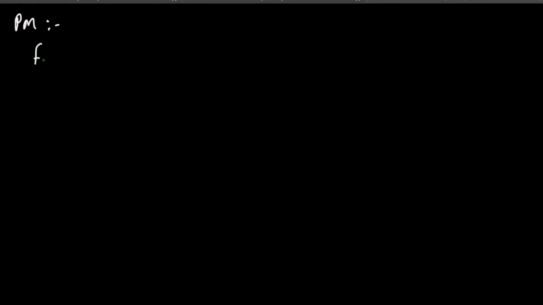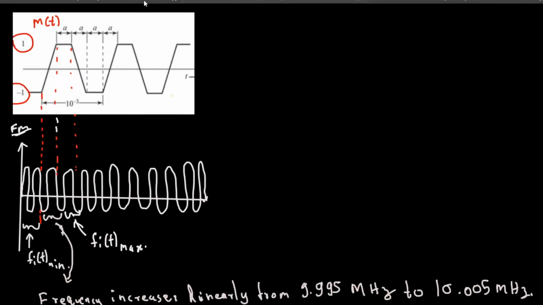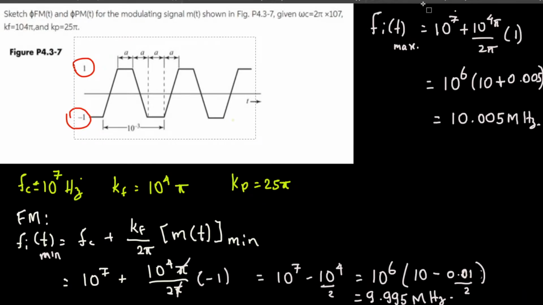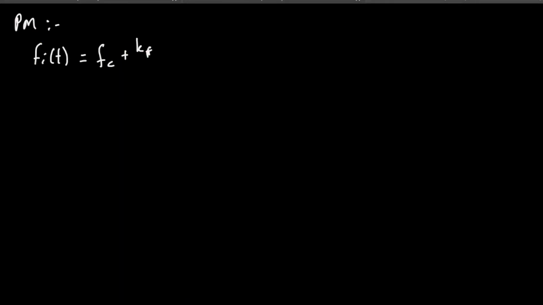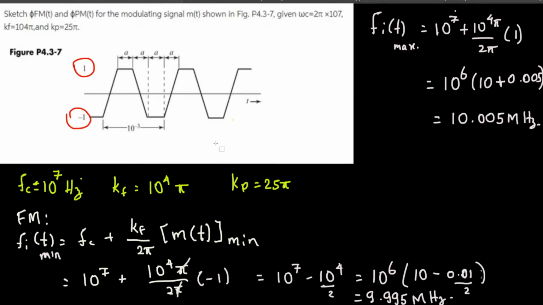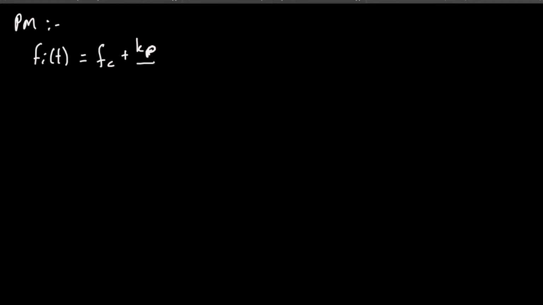If you look at the instantaneous frequency for the PM, that's going to be Fc plus Kf over, actually this time we have provided Kf and Kp. Kp is for the PM, so this time it's going to be Kp. That's also another difference. Here in this equation we have Kf, but for this one it is Kp, divided by 2 pi, and then we had to take the derivative of M of t over dt.